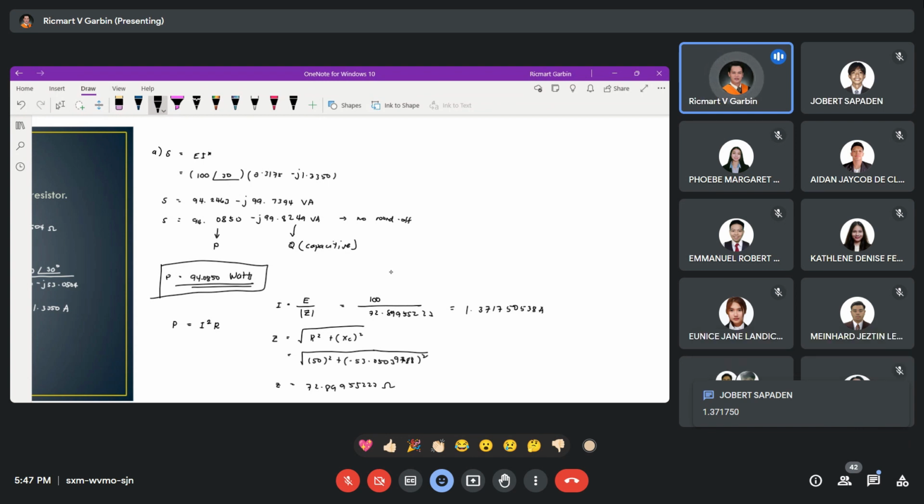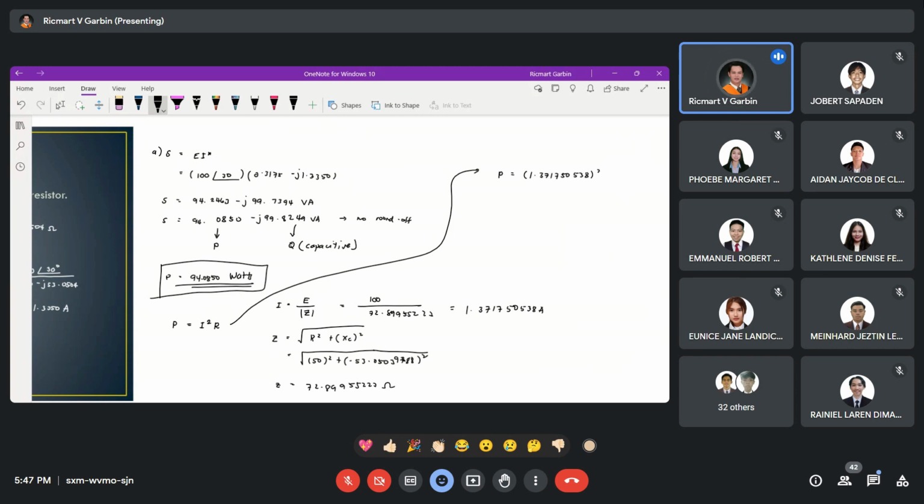Tapos kung gagamitin natin siya by using the formula of power, so power natin is I squared, 1.371750538 squared multiplied by 50.